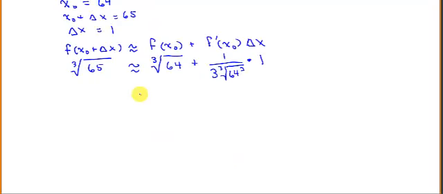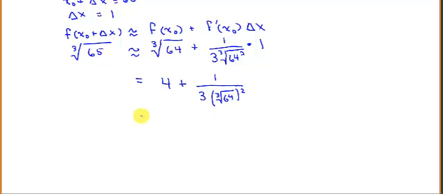This would be, well, the cube root of 64 is 4. 4 cubed is 64. Plus, and then a way to evaluate this a little more conveniently is this is 3 times, and we could write this as the cube root of 64 squared. Instead of squaring 64, then taking the cube root, we could take the cube root and then square it, and multiplying times 1 is just that.